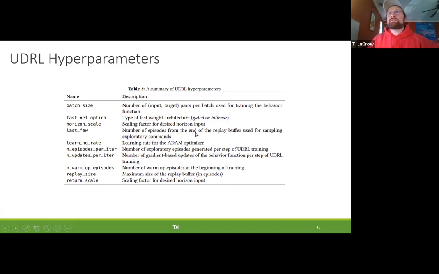The last few are the number of episodes from the end of the replay buffer used for the sample, the exploration commands, the learning rate for the Adam optimizer, the number of episodes per iteration, the updates per iteration, and the number of warm-up episodes where they just randomly search through the whole system as a warm start to the replay buffer. They have the replay buffer size and then the scaling factor for the desired horizon output.